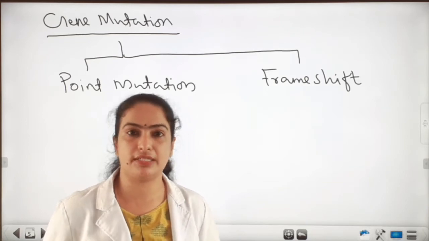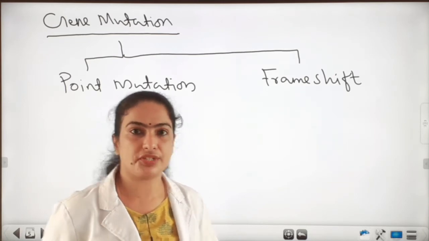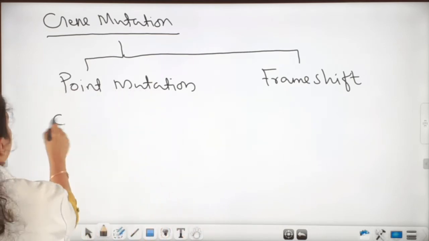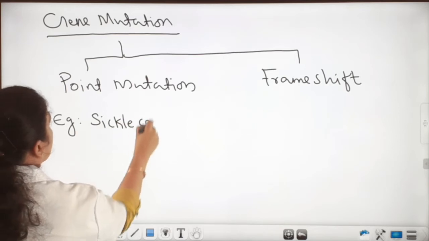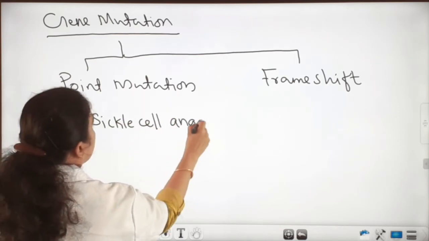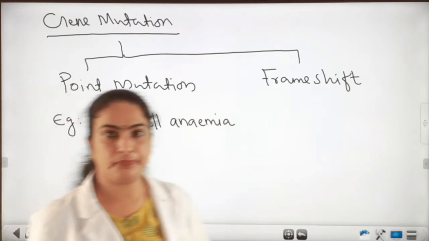A certain point of the base pair gets changed, and that causes mutation. For example, sickle cell anemia is an example for point mutation.